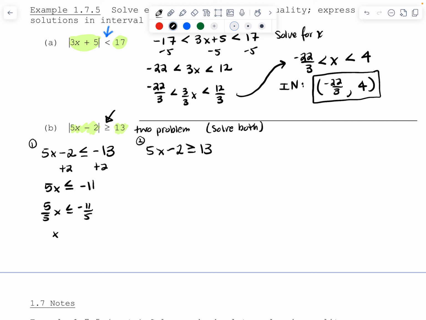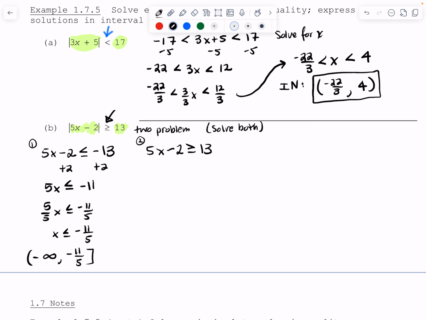So x is less than or equal to negative 11/5. If I'm going to write this up in interval notation, all my x values are smaller than negative 11/5. So I write down negative infinity to negative 11/5, and I have to include that one.